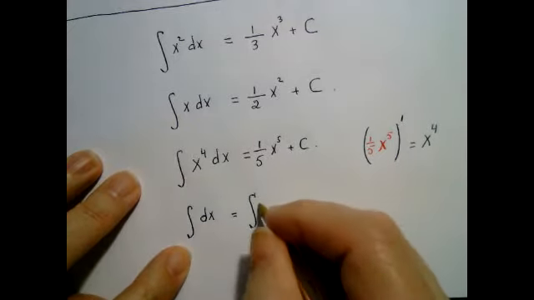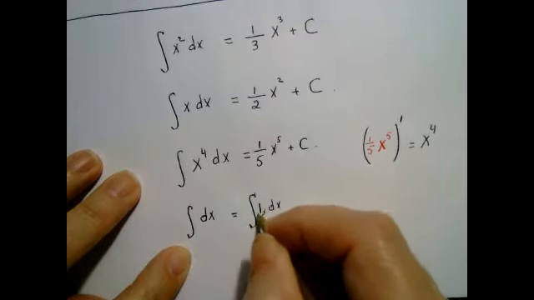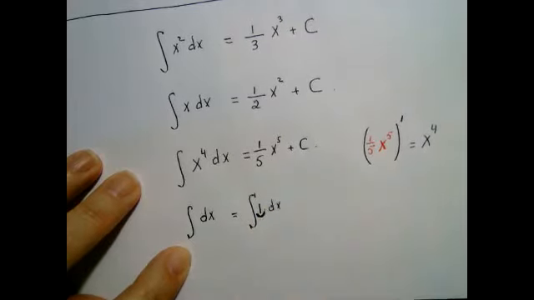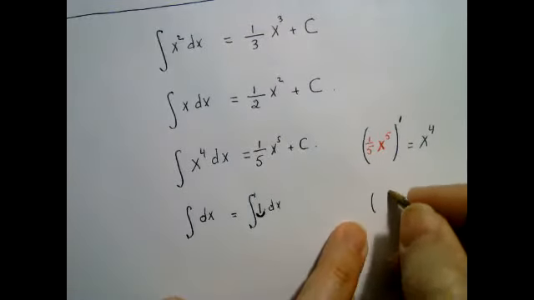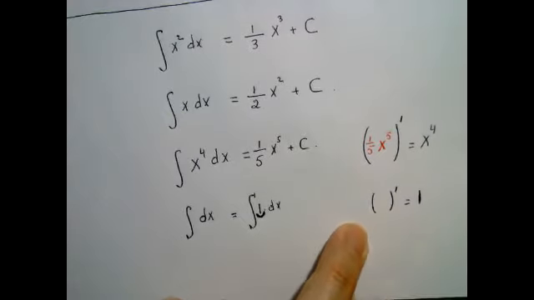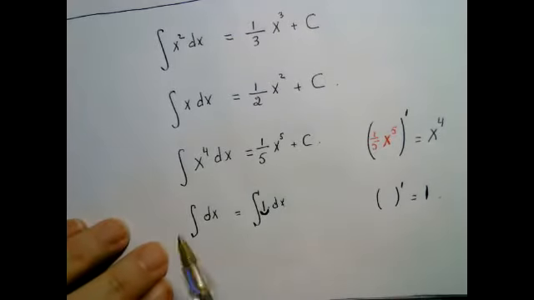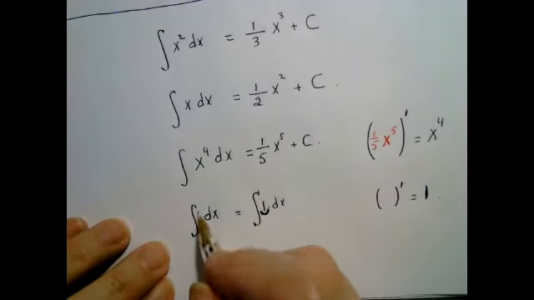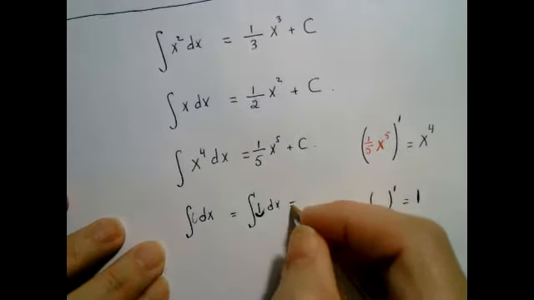This means antiderivative of 1 dx, meaning the function here is 1. That's really what it is. So now the question is, what is the function whose derivative is 1? So integral of dx means that the function in question here is f of x equal to 1. And this is equal to what?